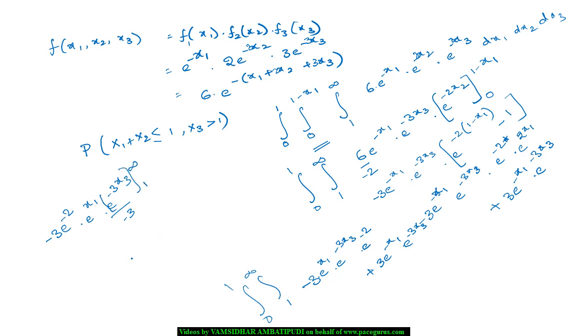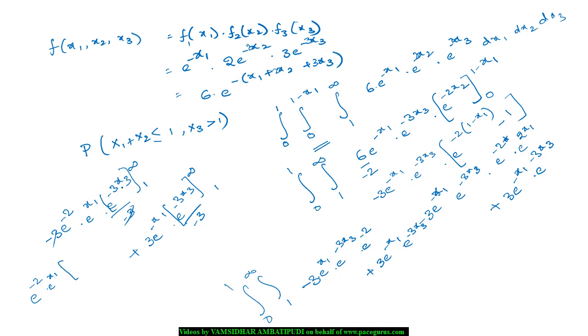Then I also have 3 e to the power of minus x1 e to the power of minus 3x3 divided by minus 3 integrated between infinity and 1. So this minus 3 is going off here. So I am getting e to the power of minus 2 e to the power of x1.